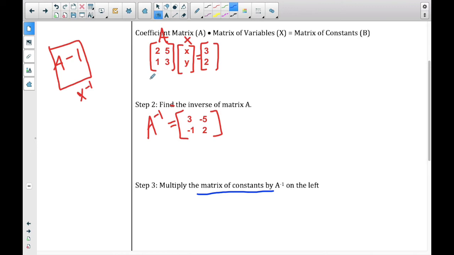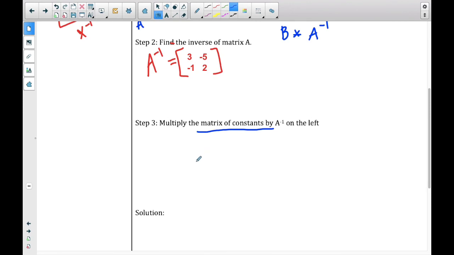So we're going to multiply this side times A to the negative 1, and we're going to multiply this side, which was matrix B, times A to the negative 1. And so on our calculator, we'll type in names B, and then we'll say times, and then we'll say names A, and then we'll do the X to the negative 1 button. So you put that in there and you see what you get.